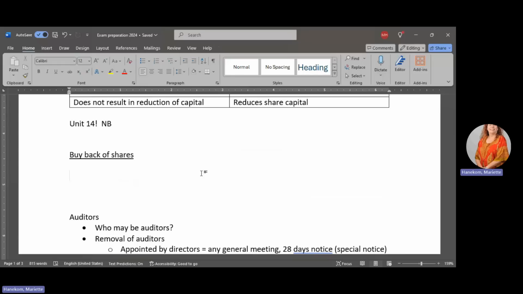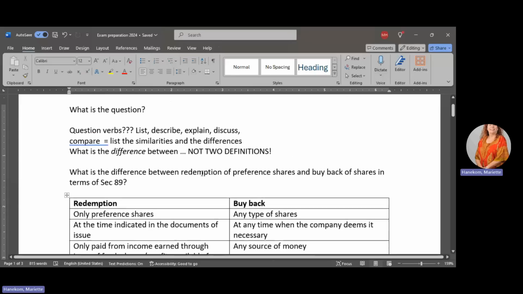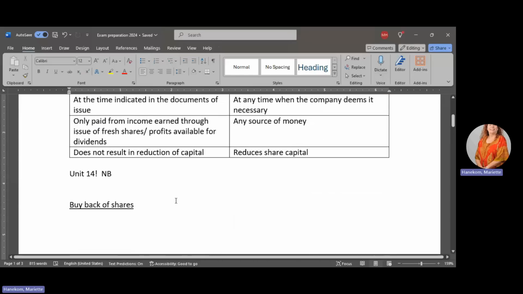And when we discussed that particular section, let me just check quickly what section this is. 89. I said up there, I said it's 98. My bad. Oh, no, I was correct. It is 89. So section 89.